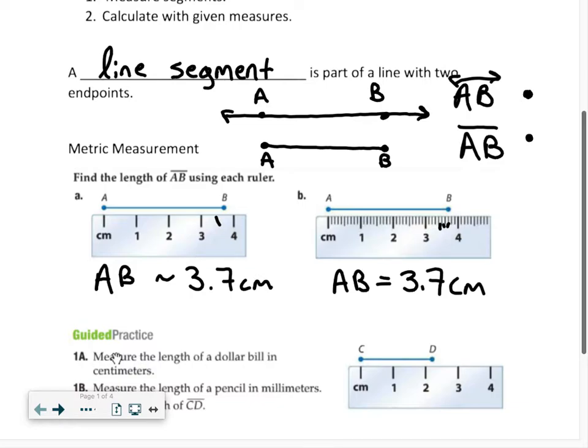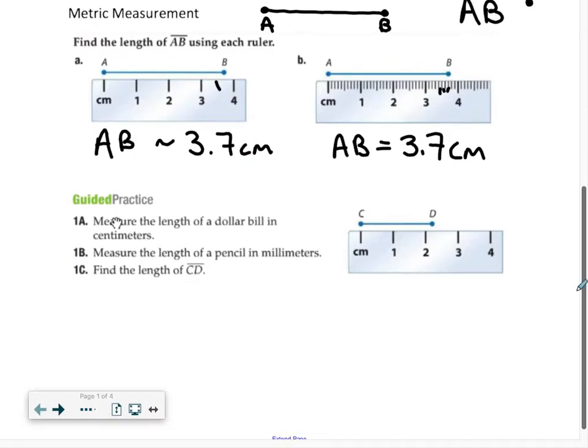These next couple of problems are just some guided practice. If you're there at home, go to the junk drawer, find a ruler, and measure the length of a dollar bill. Use centimeters. Rulers usually have an English side that measures in inches, and then they have a metric side that measures in centimeters.